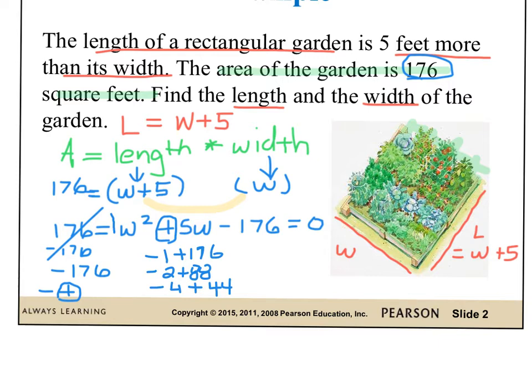You can check that out. And since it wasn't divisible by 3, it also isn't going to be divisible by 7. Might be divisible by 8. And it is. That would be -8 and +22. But still, not close.